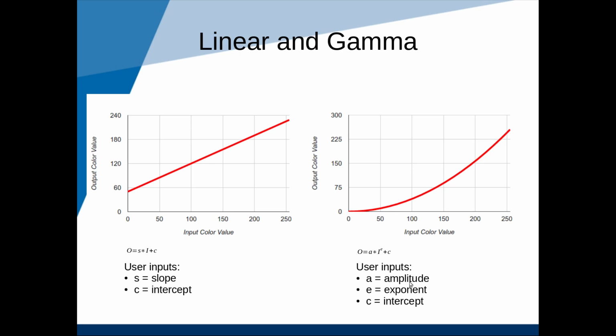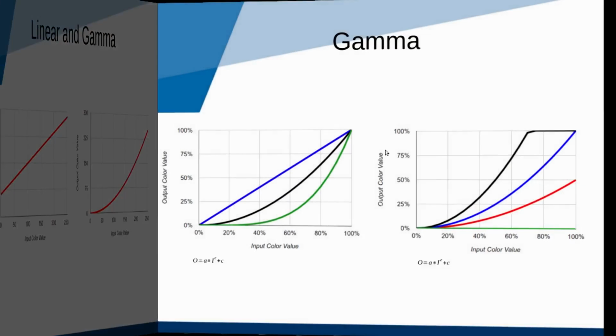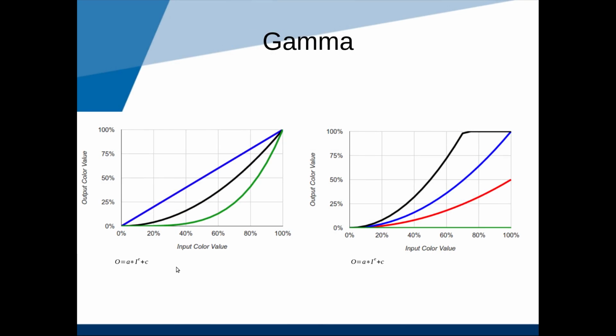As for amplitude and exponent, looking at the next slide, I see what happens when I change the exponent. For example, I have an intercept of 0 and an amplitude of 1, and the blue line shows what happens when I have an exponent of 1. It's just a flat line. If I have an exponent of 2, there's a certain curve to it, and if I have an exponent of higher than 2, the curve gets more and more pronounced.